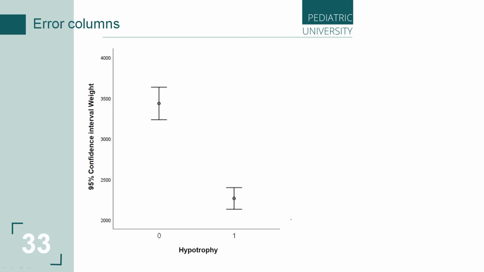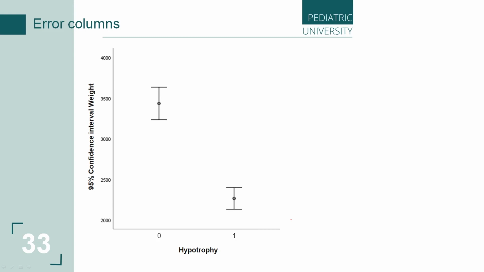Also, an error bar graph is used to compare 2 samples. It shows the mean value and the 95% confidence interval.